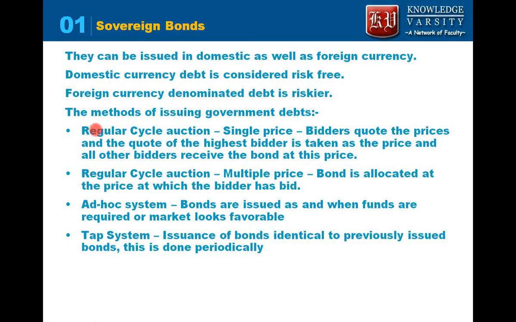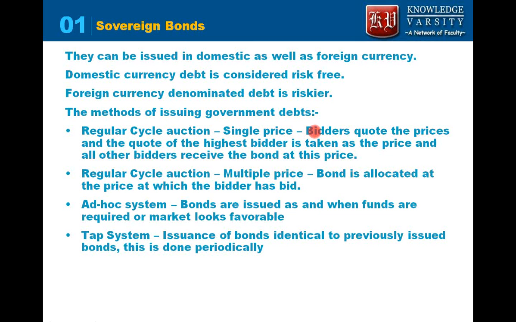Now the government is in constant need of money, so they have a regular cycle for issuing these bonds. One of the methods is the regular cycle auction, wherein a single price is decided. The bidders are government dealers who place bids for buying the government bond.